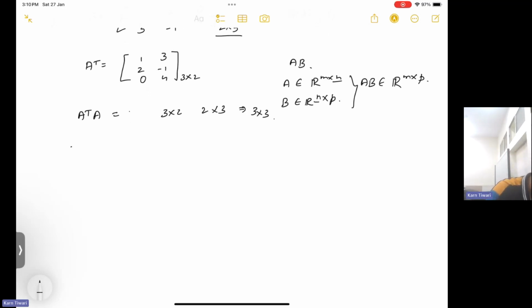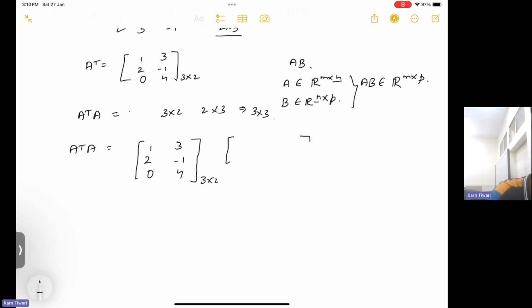Now to find A transpose A, we can write the matrix as 1, 2, 0, 3, -1, 4, that is 3 cross 2.